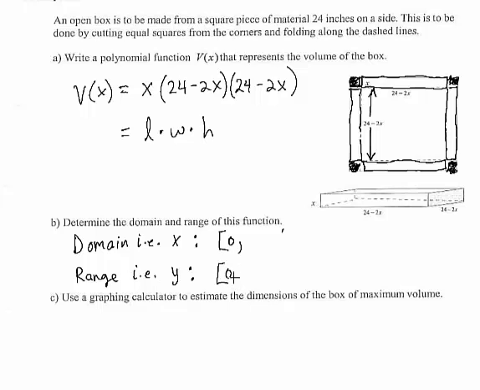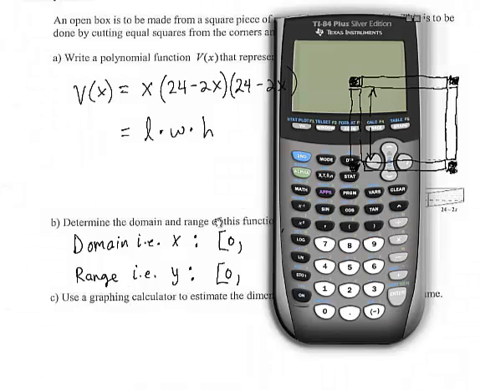So our range would start at 0. And now, in order to get the upper limits of our range and domain, we need to use our graphing calculator. Or you may be able to figure that out algebraically, but using the calculator is usually easier.